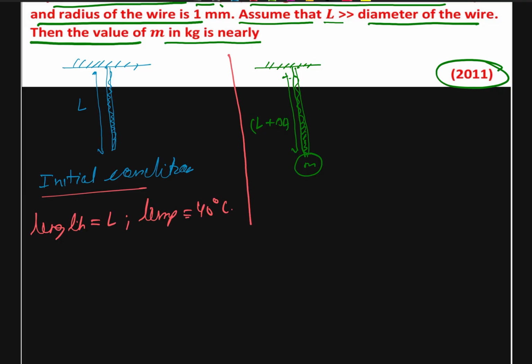Then there is a third figure we can draw when the temperature is decreased and this length is returned back to our L, but the mass is still attached to it. So we have this mass m and length is once again L, but in this case the temperature is 30 degrees centigrade.